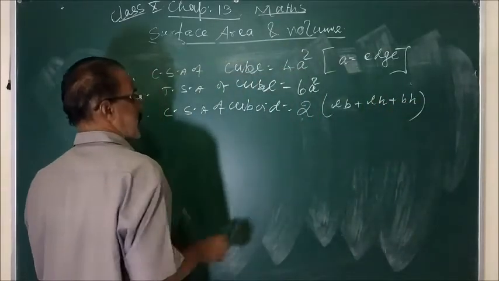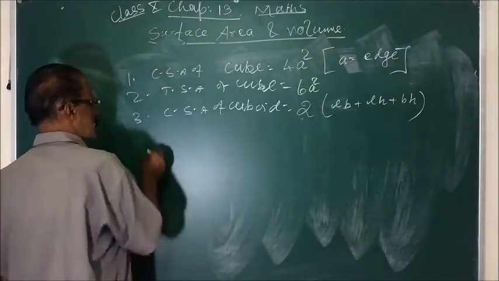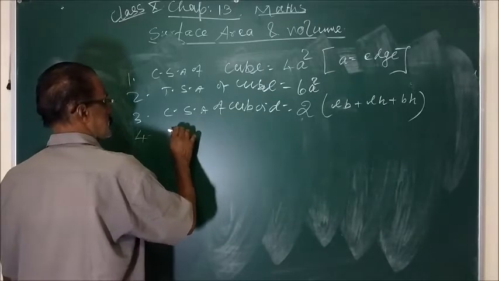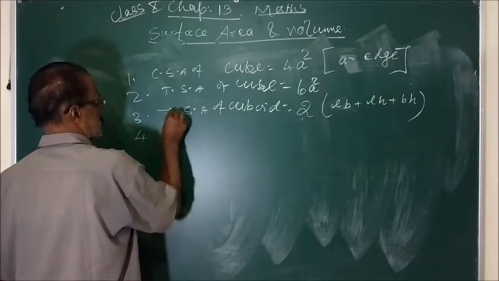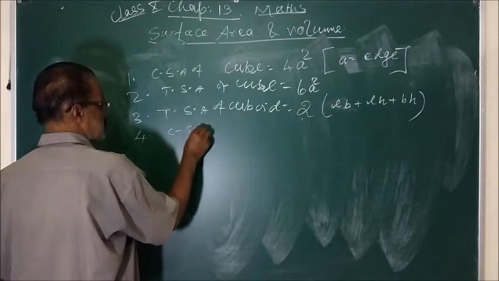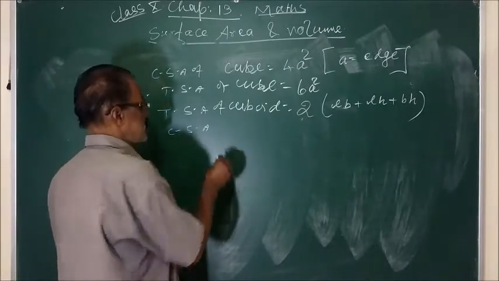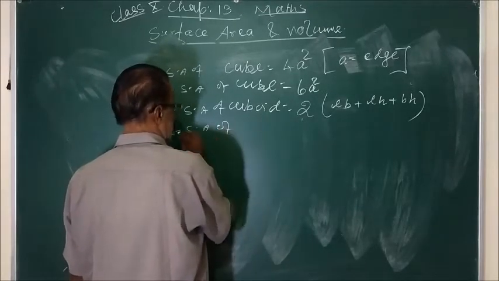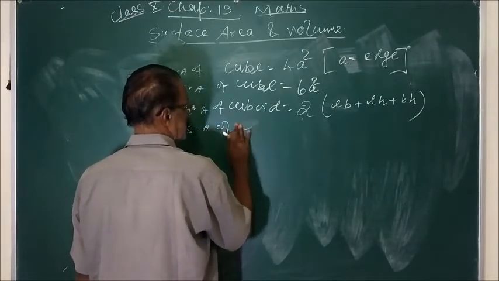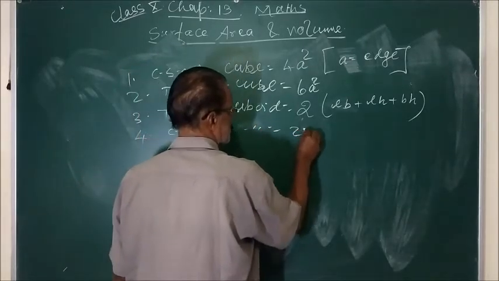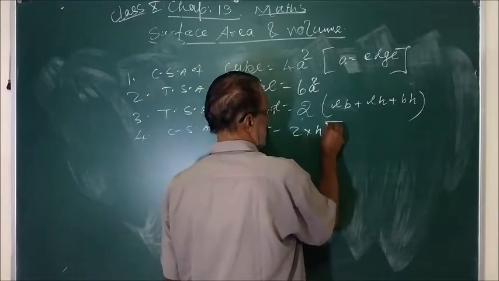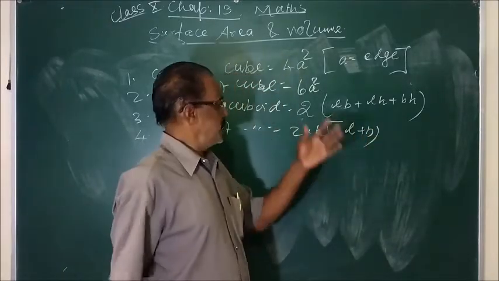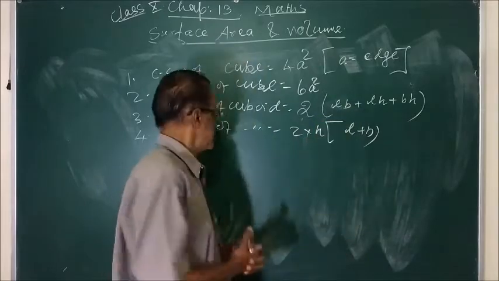This is the total surface area. The curved surface area of a cuboid will be 2 into H into (L plus B). Now this is the curved surface and this is the total surface.